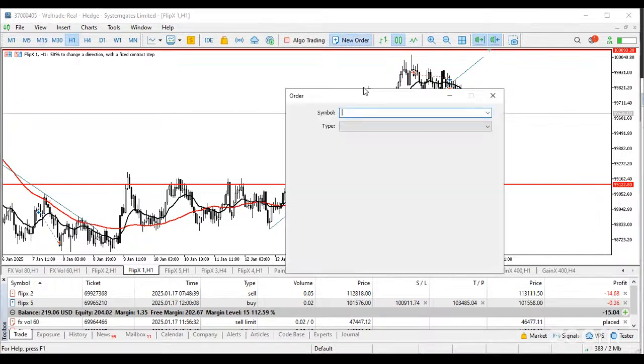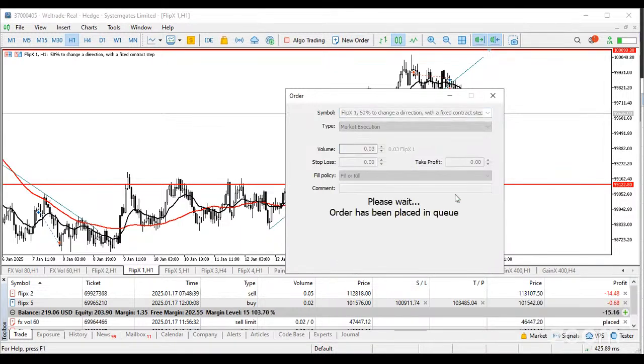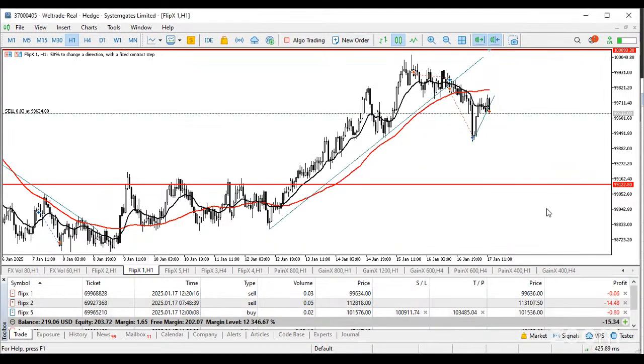I will quickly put a trade there. Let me use, this is FS1, right? Let me try 0.3.